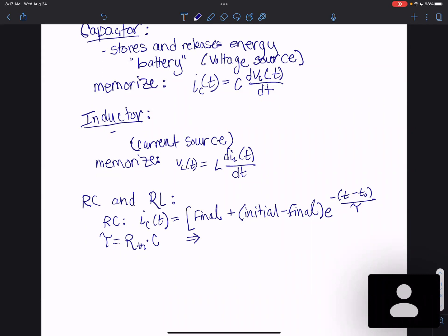And if it's discharging, at 63% back to 0 is where I'm considering myself discharged. And so those would be the time constant. That 63% of the final value is where we consider it charged or discharged.